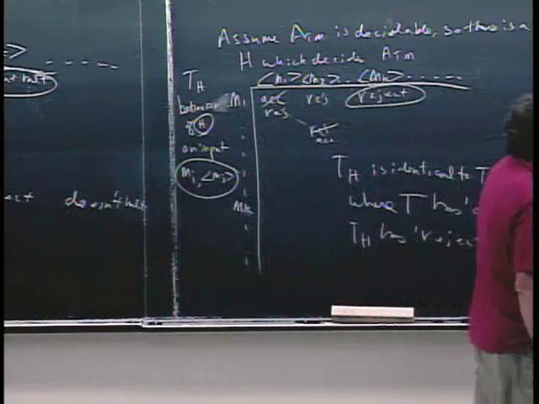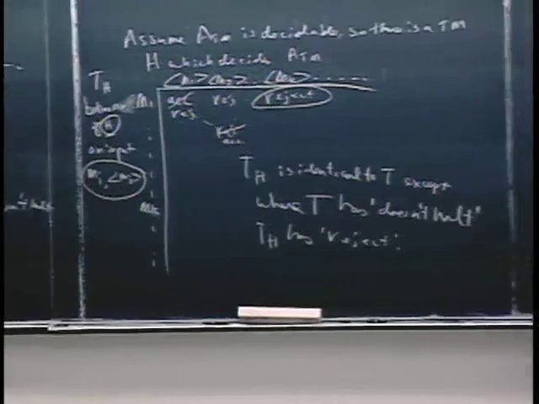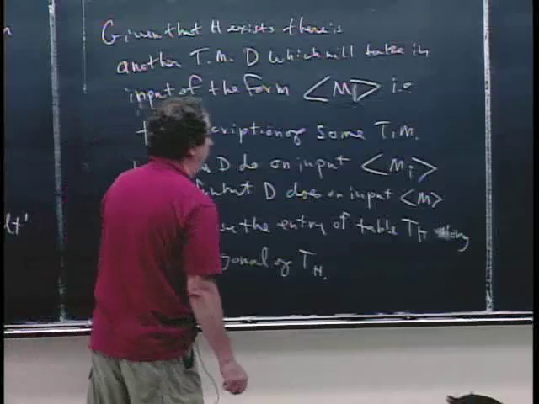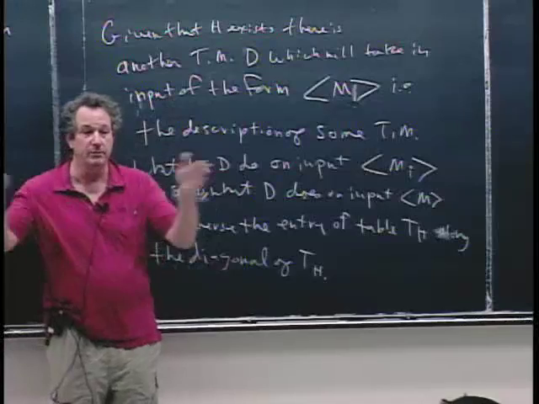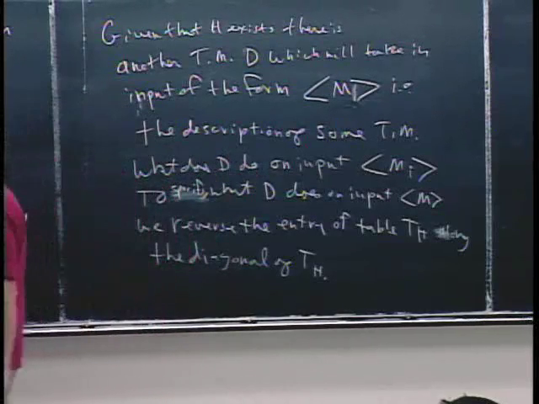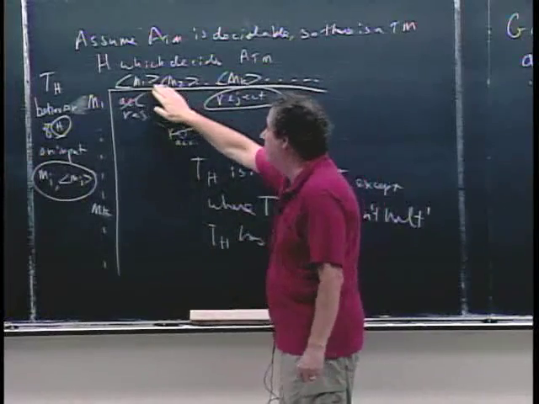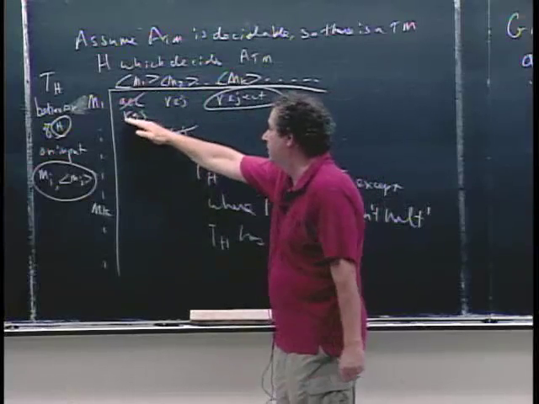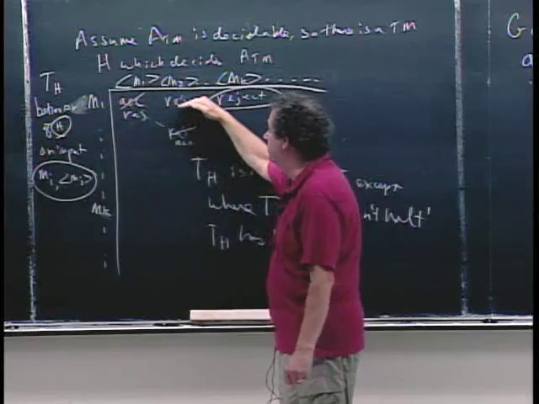But D only gets the description of a machine. So D's table, if I wanted to write out the behavior of D, is just one-dimensional. It's not two-dimensional anymore. It would be all of these, and then whatever value was along the diagonal here, but reversed, would be put up there.